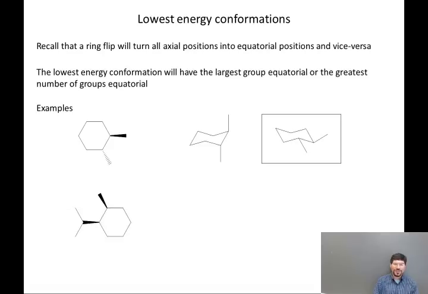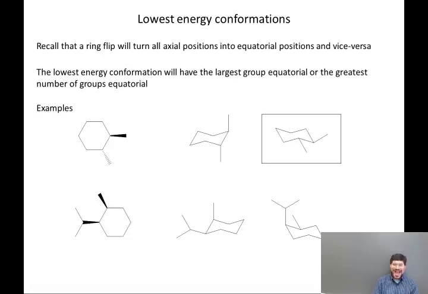In this case, we've got a cis 1,2 in which we have a methyl group and an isopropyl group. Okay, what are our two possibilities if we redraw them in their proper chair conformation? If it is cis 1,2, you're going to have one axial and one equatorial.